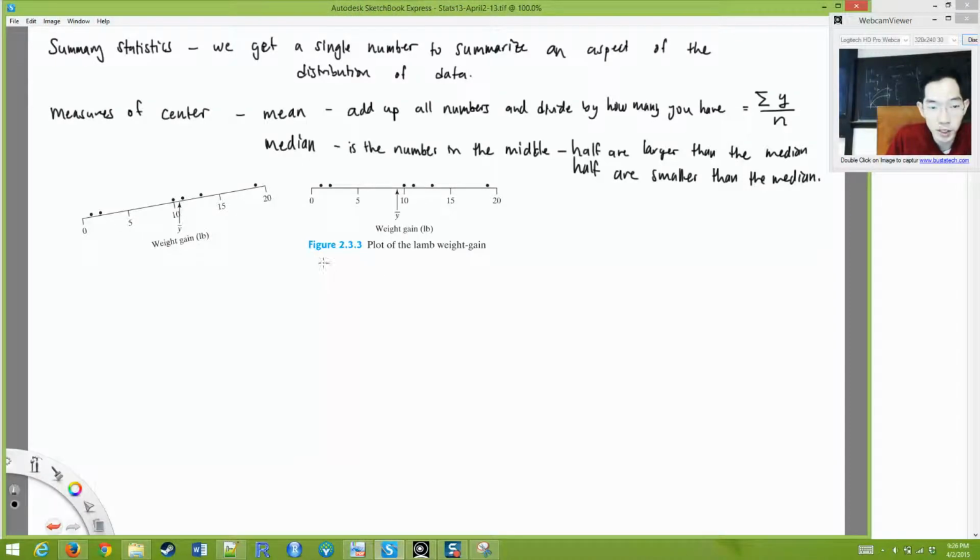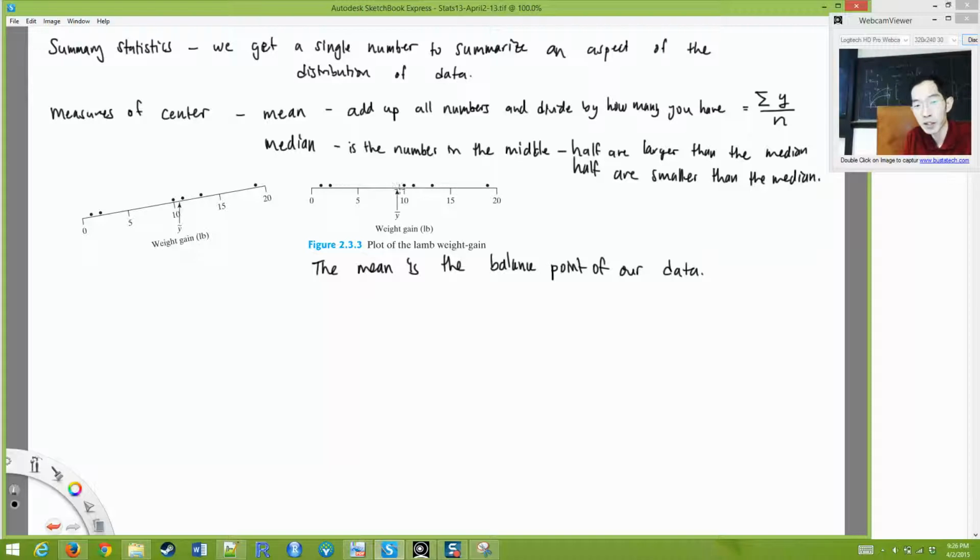So here we have 1, 2, 3, 4, 5, 6 different lambs, the weights of 6 different lambs, or how much weight gain they have. This is a dot plot. Basically, we have a number line, and we just put a dot at each of these. So we have a lamb that weighs 10 pounds, and one that weighs, looks like 11, and 13, and 19 pounds, and things like that.